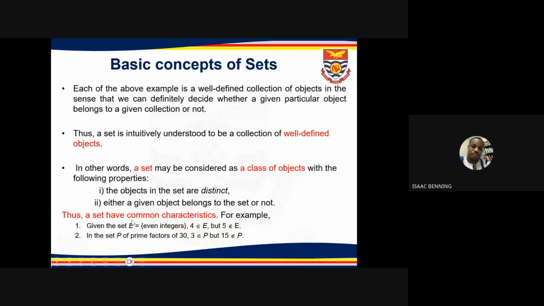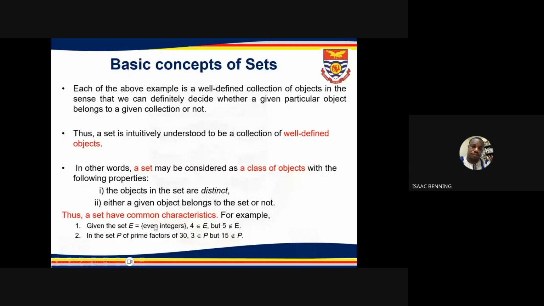So does a set have a common characteristic? For example, when we look at example 1, given the set E, that is even integers, 4 belongs to E, but 5 does not belong to E. Meaning 4 is an even number, but 5 is not an even number. So when you are listing the elements of E and you include 5, it makes it wrong.